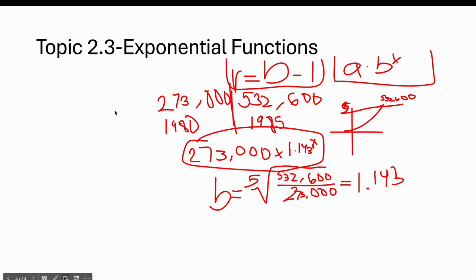But going back to our formula, it may seem that I've erased everything, but I still remember. Our R is equal to b minus 1. This is once again to reaffirm that this is a decay or a logistic growth function. Our b value was 1.143 minus 1.